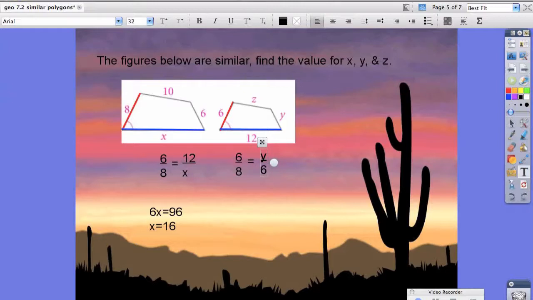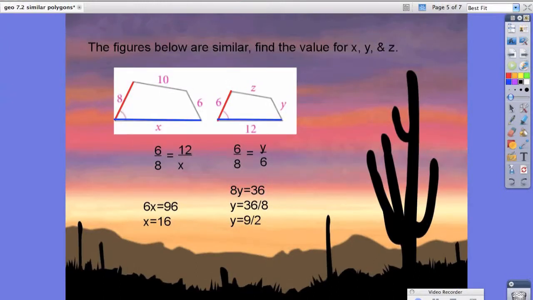Notice I'm using the two right sides. We're going to take the cross product again. 8y equals 36. Y equals 36 divided by 8. Y is equal to 9/2.